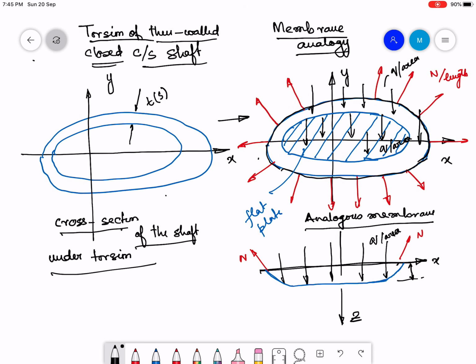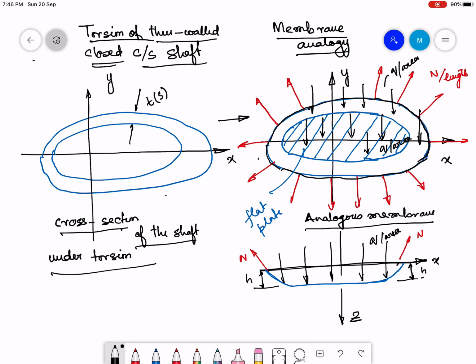Let us call this H. It is the same height in each part, because uniform pressure is being applied. Now this is going to be the deformed shape of the membrane under the forces acting on the membrane, including the boundary condition.